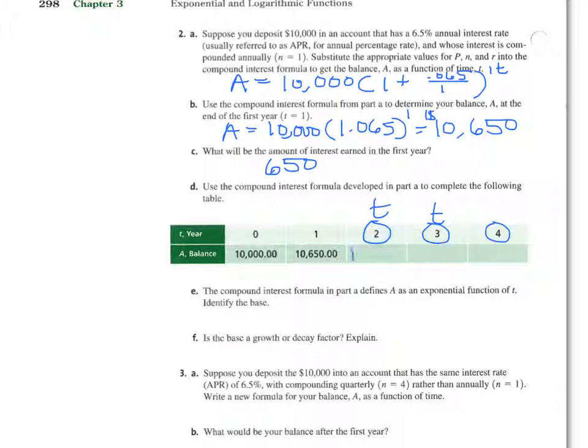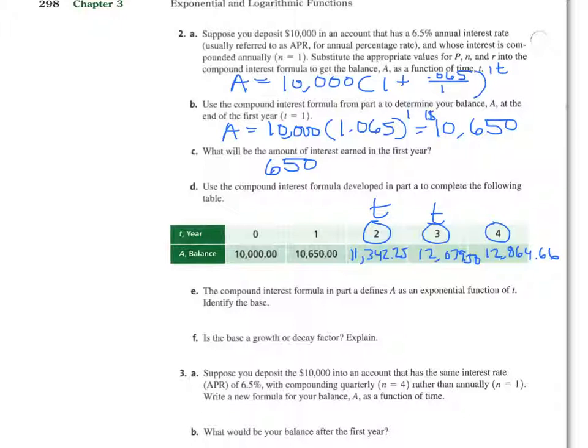If we do it for another year, we end up with $11,342.25. After 3 years, we end up with $12,079.50. And 4 years, $12,864.66.